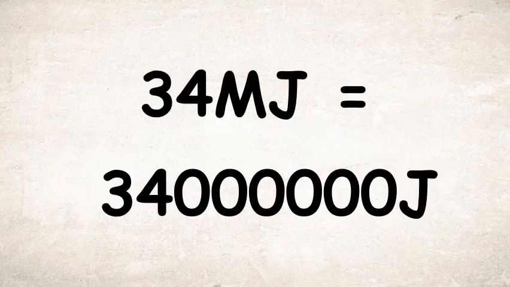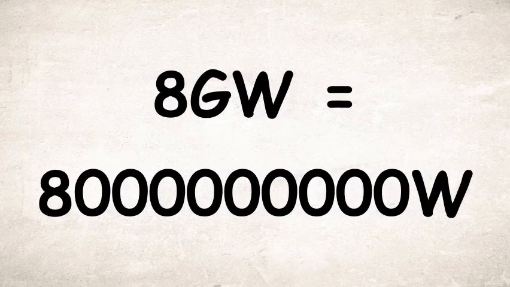Mega means times 1 million, so that gives us 34 million joules. Remember, million, you've got over there 6 zeros. Next, we have 8 gigawatts. Giga is times 1 billion, so that gives us 8 billion watts, which means that over there you've got 9 zeros, 8 and 9 zeros, okay?